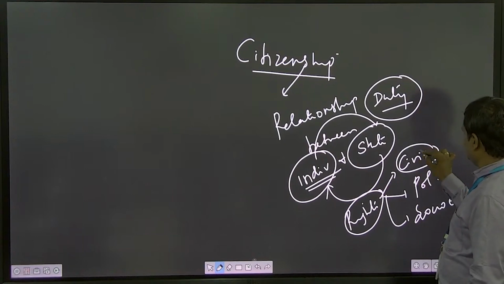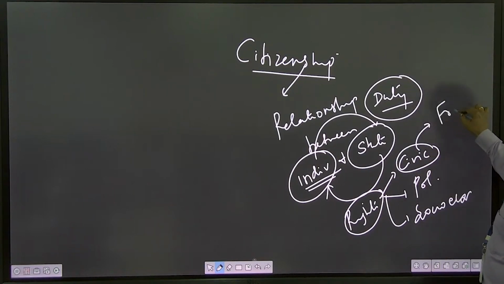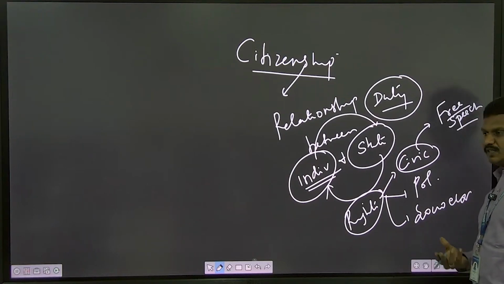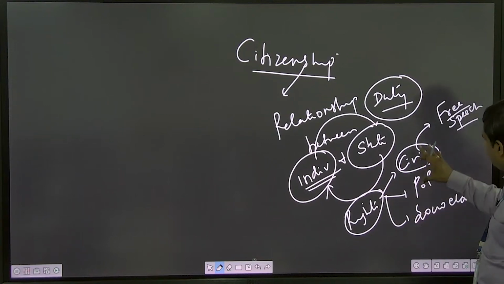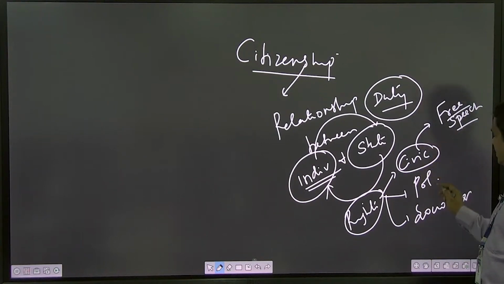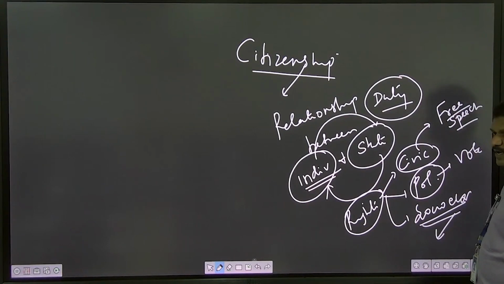Civic rights means, for example, the right to freedom of speech. It is a very basic thing for the individual. What is very basic? Having a right to speak. So it comes under the concept of civic right. Political right means the right to vote. Socio-economic right means the right to work, the right to public assistance.